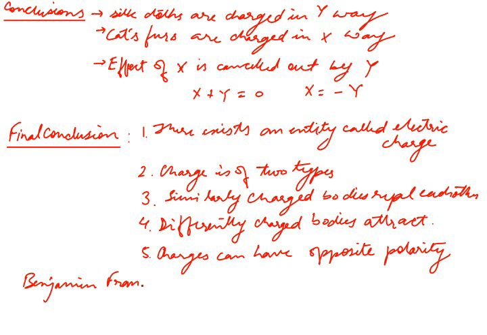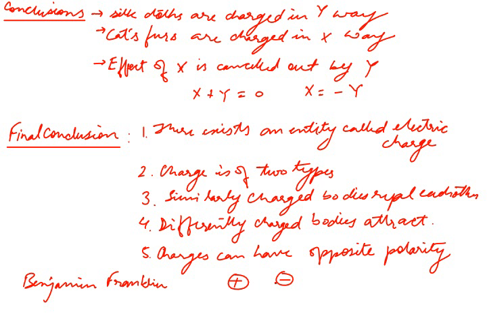This nomenclature was based on the properties of charges: if we call one charge positive, then the other type of charge can be called negative because they cancel out each other. So there are two types of charges, positive and negative.